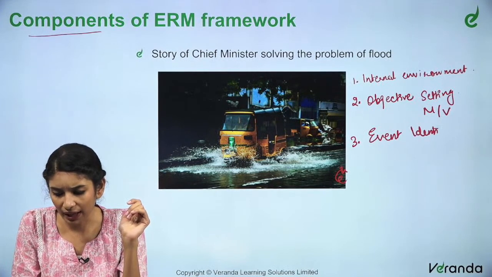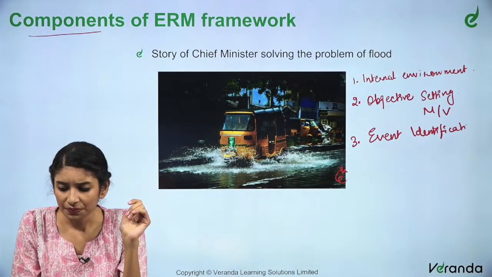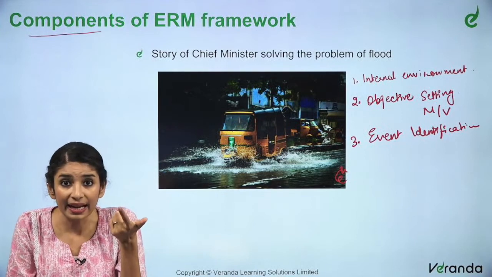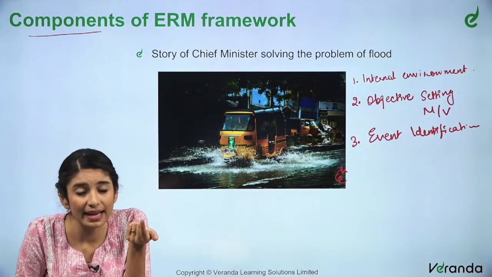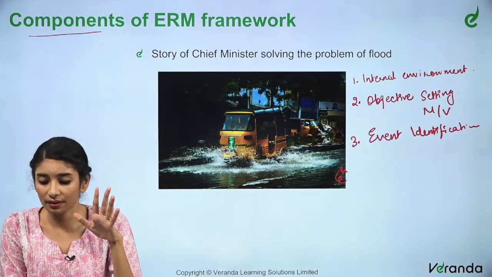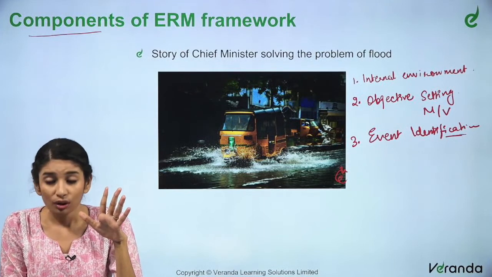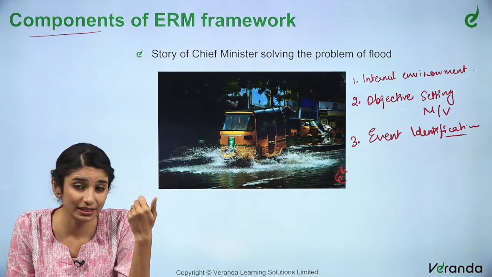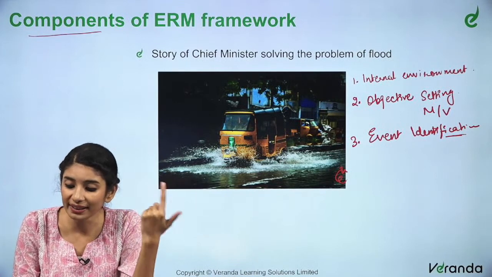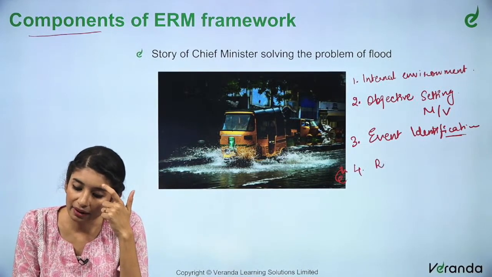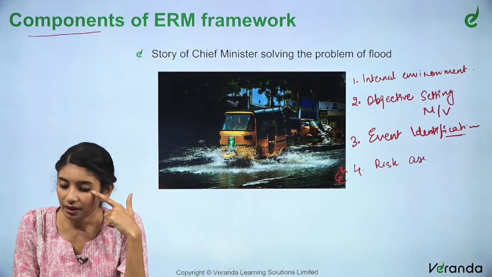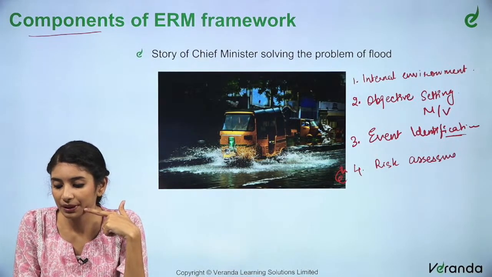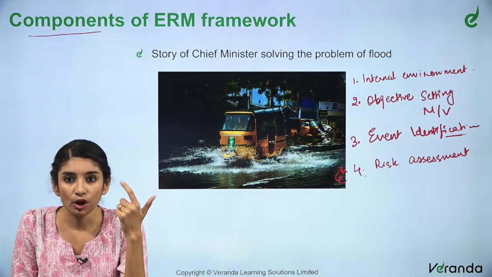If the rainfall is for more than a day, then I have to take additional measures, immediately send people there, immediately take out water through pumps. So, event identification. Next, I have to assess the risk, loss of property and people: risk assessment.